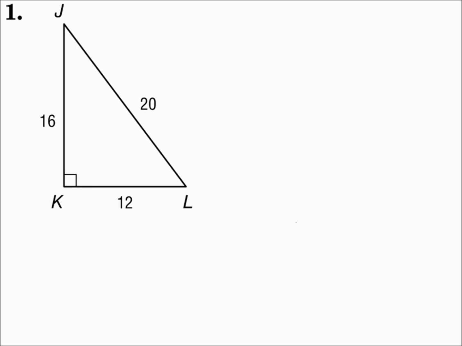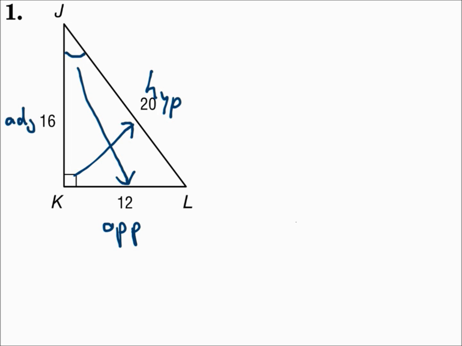Start with angle J. When I use angle J, let's identify opposite, adjacent, and hypotenuse. The side opposite angle J is opposite. The side opposite the right angle is the hypotenuse. And the leg that's adjacent to angle J is adjacent.